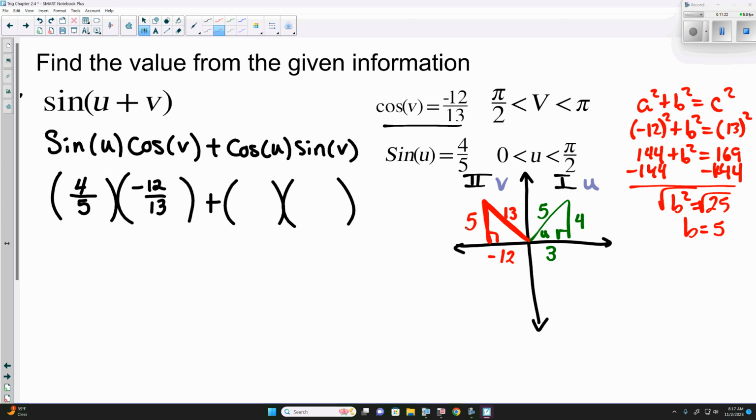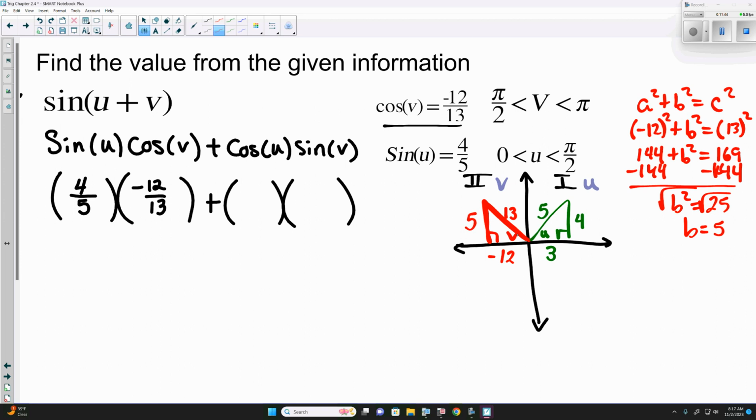Now we technically do have the plus or minus when we take square root of both sides, but because we're in quadrant 2, we're looking for the y side of the triangle, and we're in the positive y-axis, it has to be positive. Questions on this here?